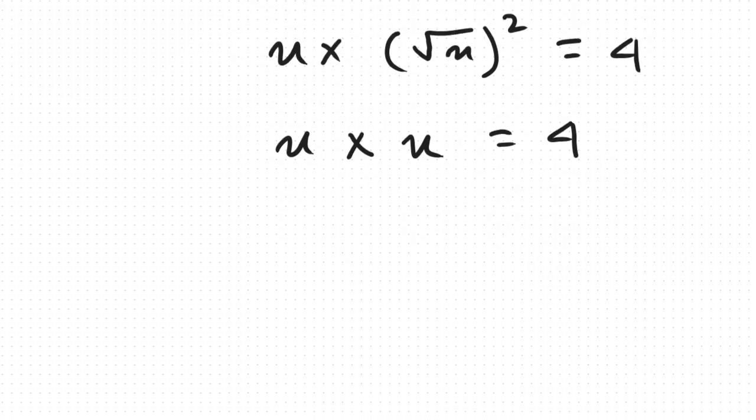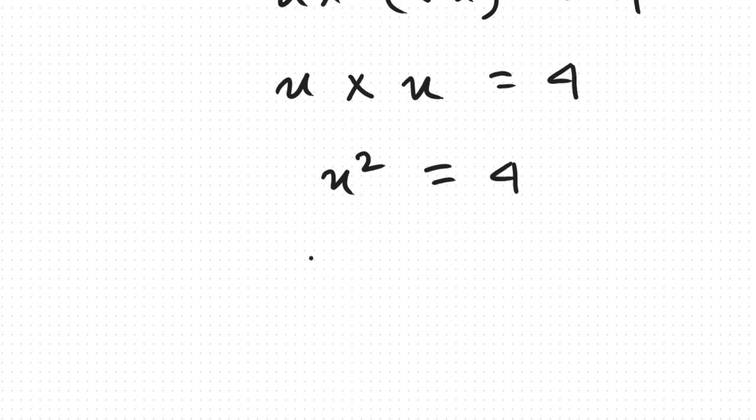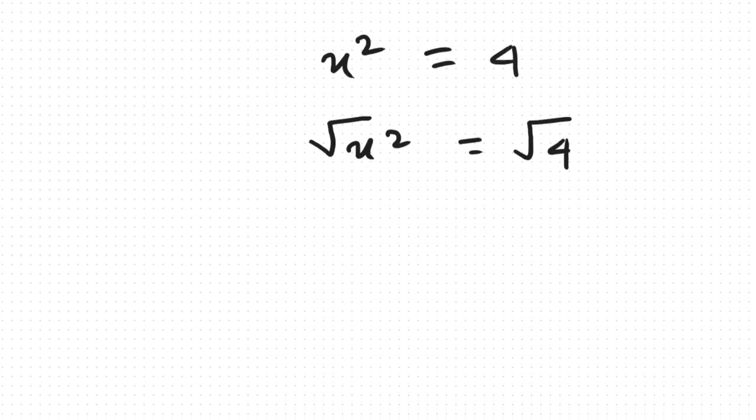Next we can write x square equals 4. By taking the square root for both sides, we can write x equals square root of 4, which gives us x equals plus minus 2.